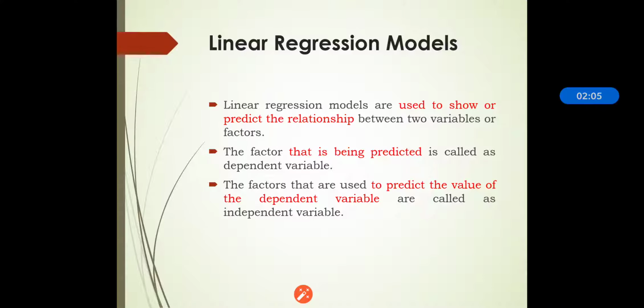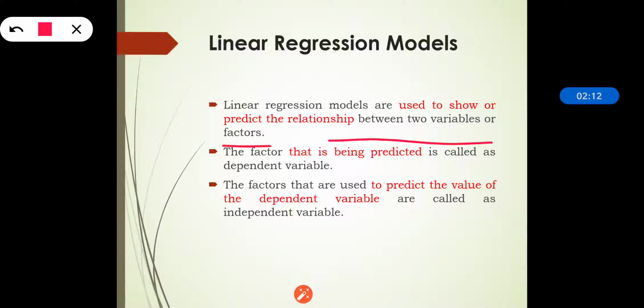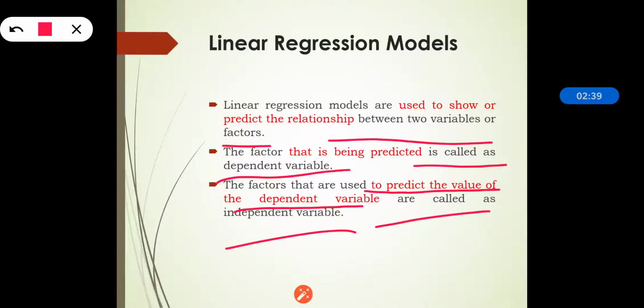Now the linear regression models are used to show or predict the relationship between two variables or factors. The factor which is being predicted is called the dependent variable, and the factors that are used to predict the value of the dependent variable are called independent variables.